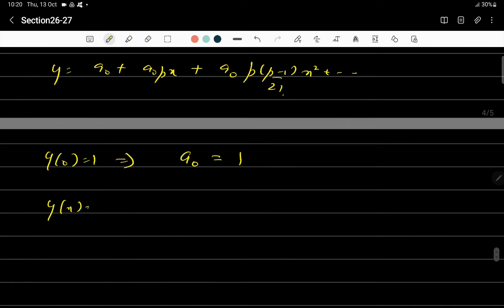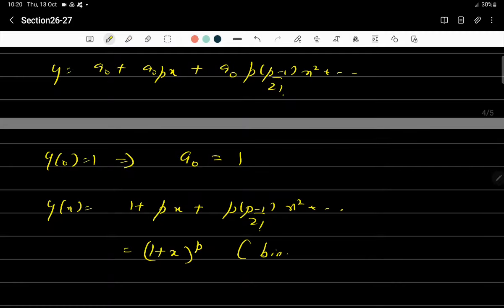This means that your y of x is 1 plus px plus p(p minus 1) by 2 factorial x square and so on, which is the expansion of (1 plus x) raised to the power p. Yes, so it's a binomial series, and we know that the binomial series is convergent for mod x less than 1.